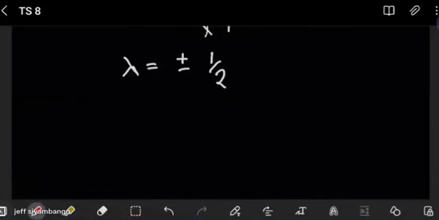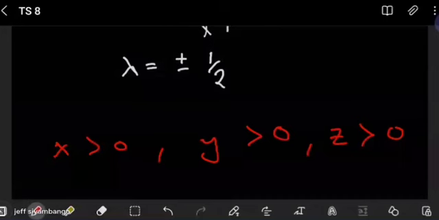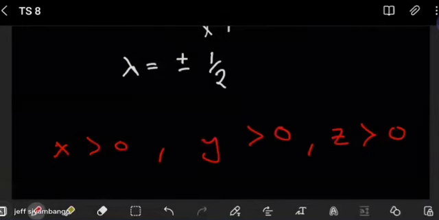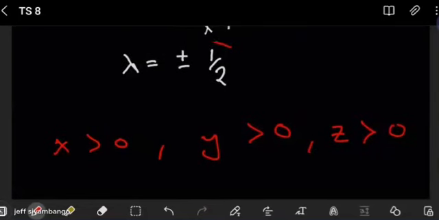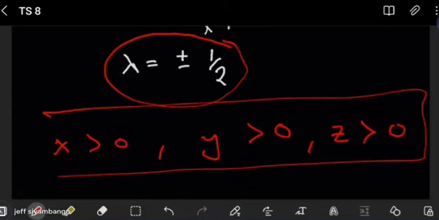We must have x greater than 0, y greater than 0, and z greater than 0. So regardless of what we have there, our approach was to take that sign in the middle to be positive, and we ended up with x equal to negative 4 lambda and z equal to negative 2 lambda. But we must have z as a positive number. What does that imply? It implies that we must pick a choice of lambda that ensures that these are satisfied. What do I mean?